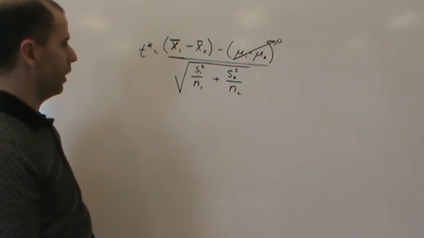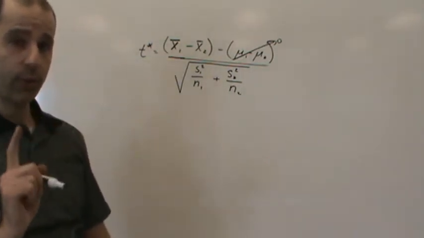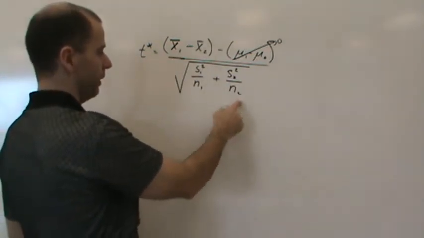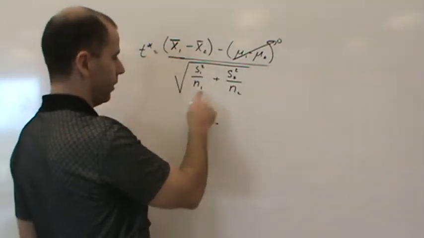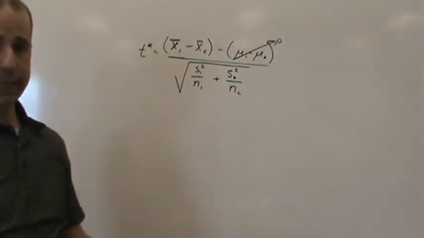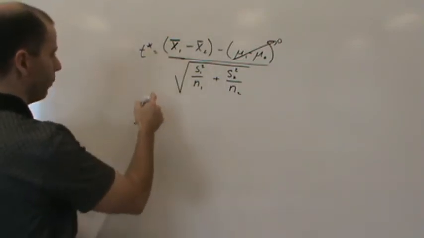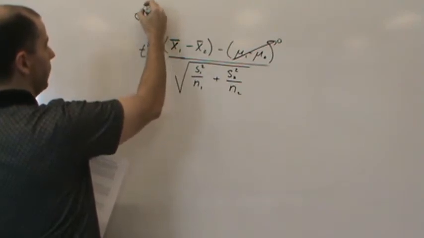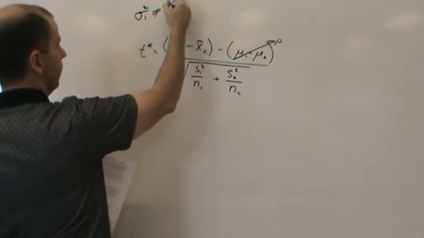In that case, this is going to be our standard error, but with the t distribution we have to know the degrees of freedom. When we're dealing with the difference of means, adding the variances and taking the square root of the sum of the standard errors, it gets to be a pretty complicated formula. Again, we're assuming that sigma 1 squared is not equal to sigma 2 squared.